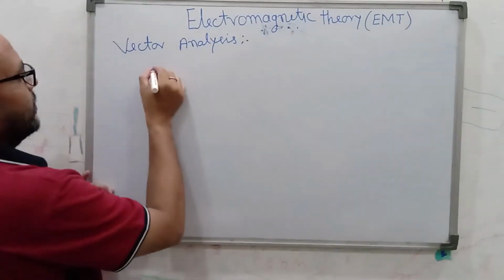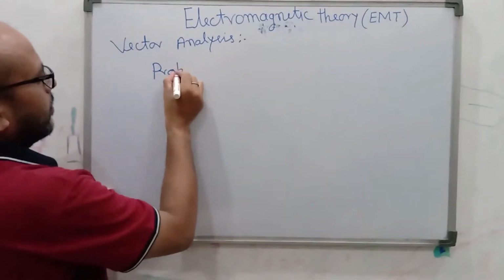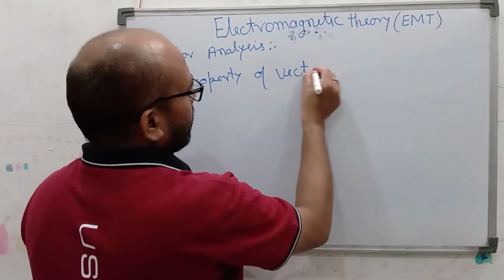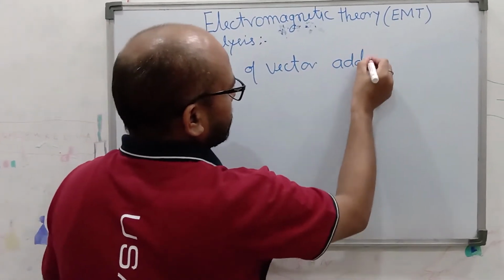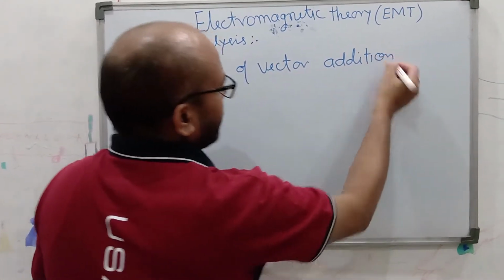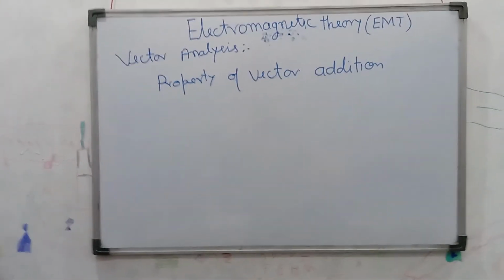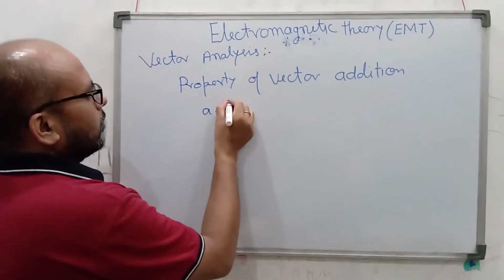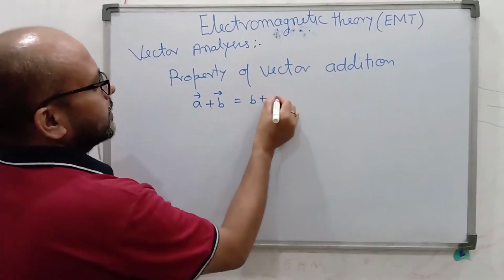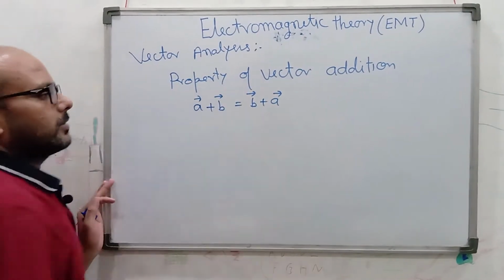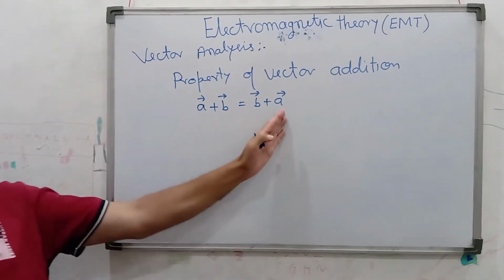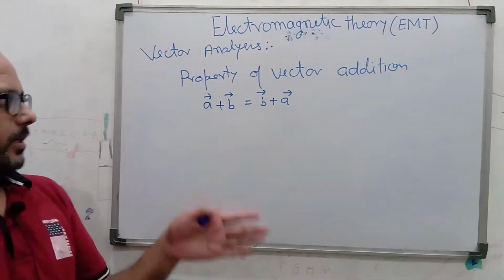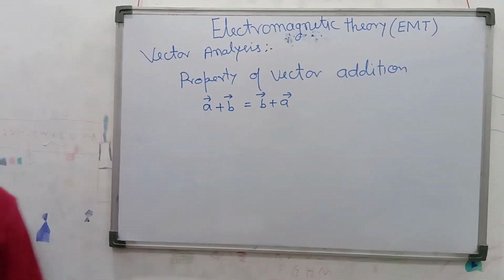Properties of vector addition means A plus B is equal to B plus A. So for vector addition, the two vectors A plus B and B plus A are equivalent vectors. So both vectors follow the commutative property.